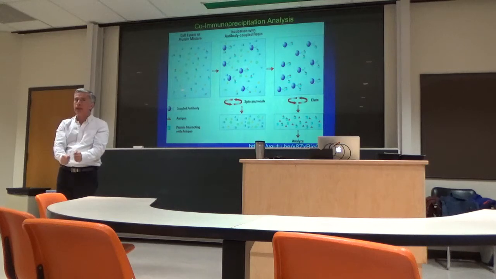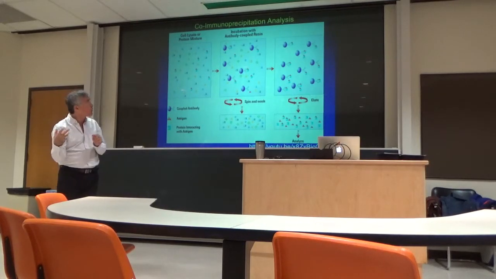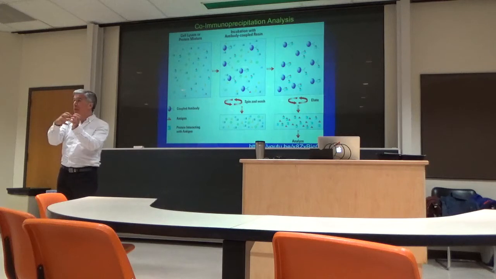So when you precipitate, you should only precipitate the triangle protein. But you can see that the blue square is itself attached, let's just say by non-covalent bonds also, to the triangle protein.